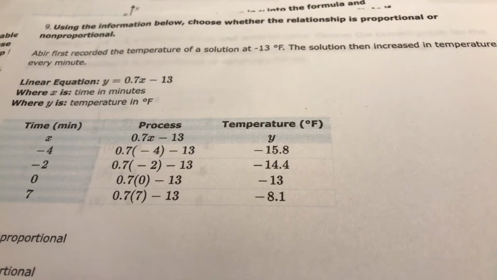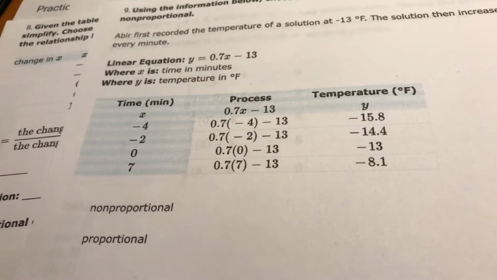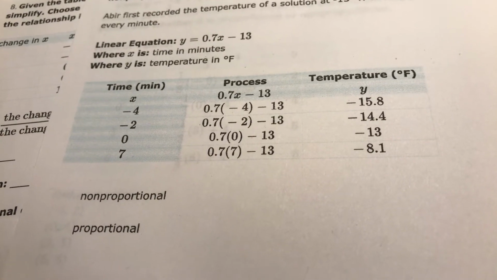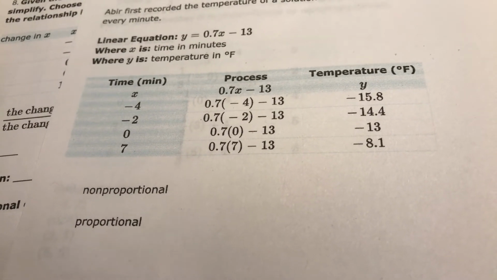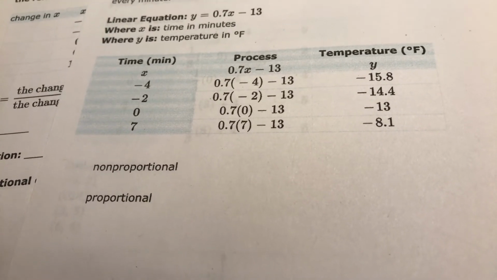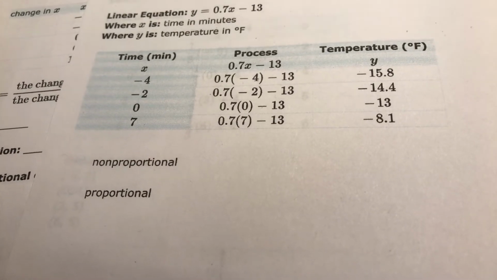So that's important. Now, this particular problem, they gave you everything, so they went ahead and gave you the equation, all right? They told you what x is. They told you what y is. They showed you a table, right? And what the table is, they picked some numbers, okay?